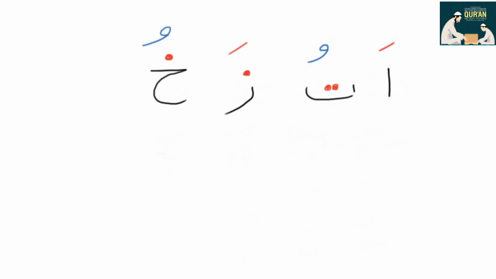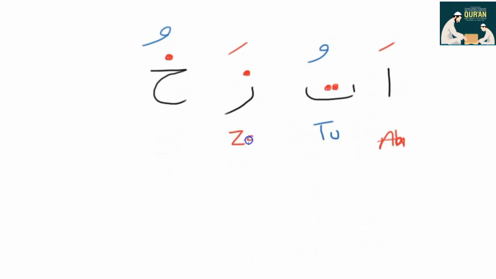So a, and this next one would be tu. Remember the two teeth, tu. And this is, remember, za, the r with the z.